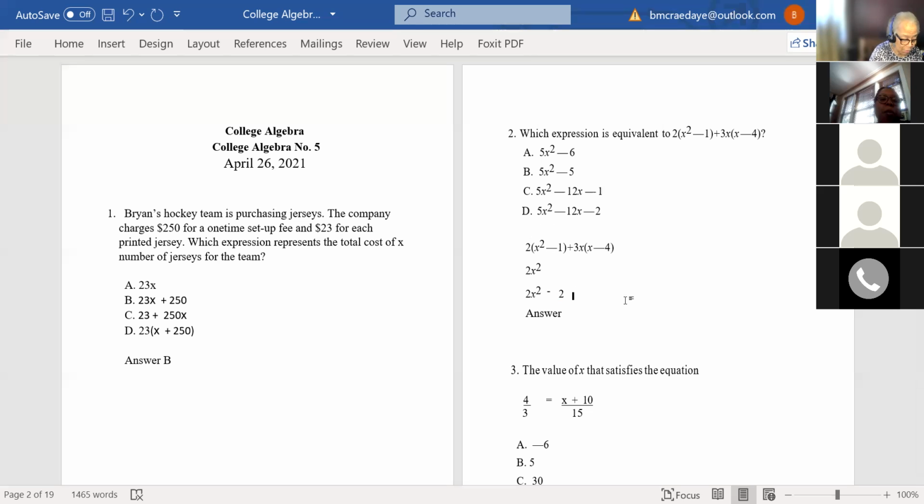Let's just copy that and make it a 3. It's so small, I'm going to increase it.